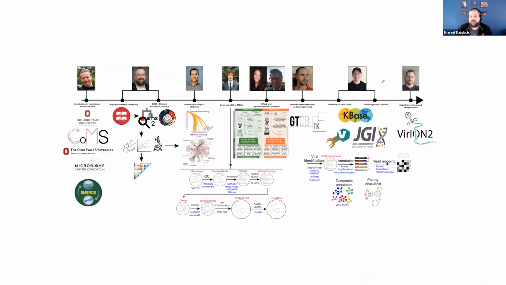So next week, instead of advanced ecological statistics, we will be discussing metagenomics with hybrid short and long read sequencing technologies. So for example, combining nanopore sequencing with Illumina sequencing. So look for that next week instead of the originally scheduled ecological statistics.